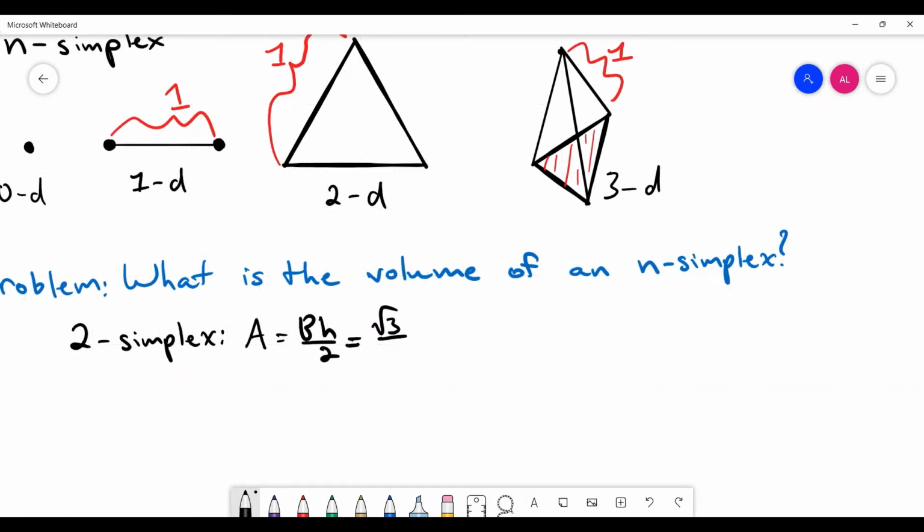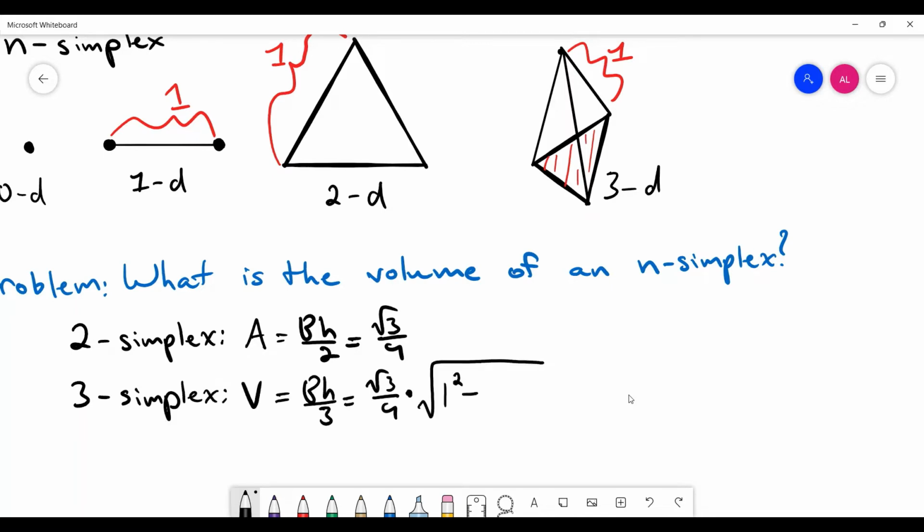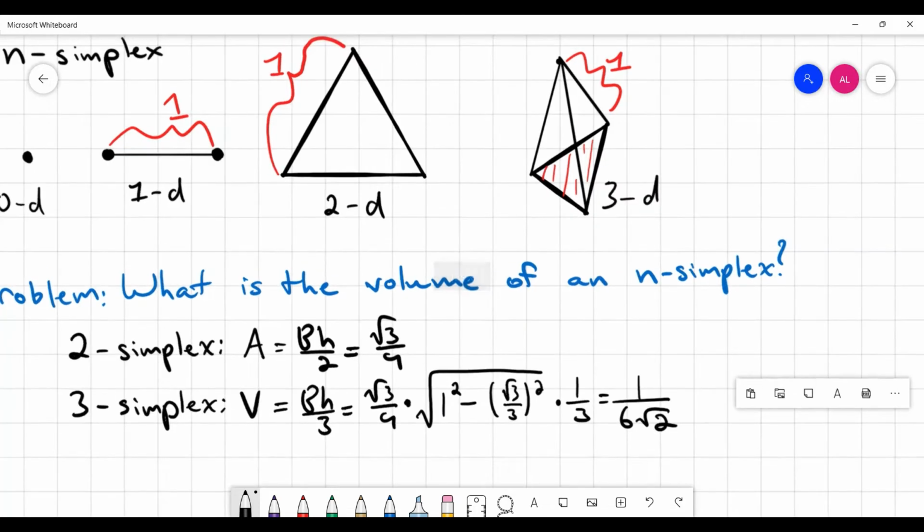The formula for that is area equals base times height over 2. That's the equivalent of what we are trying to find, the n-dimensional volume of a simplex. And the well-known formula is just root 3 over 4. And then we can do the same thing for a tetrahedron. Remember our tetrahedron volume formula, and we get 1 over 6 root 2.